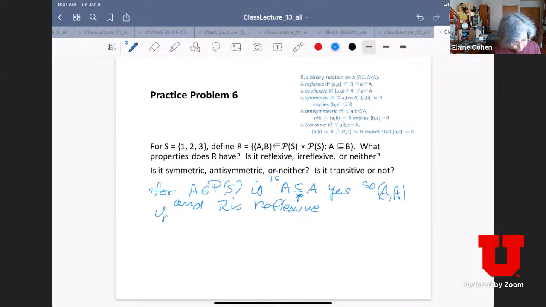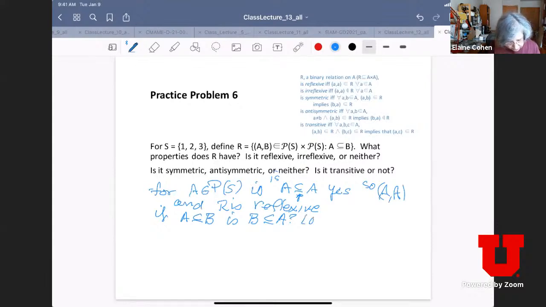If A is a subset of B, is B a subset of A? What's the only time B can be a subset of A? If they're equal. Very good.